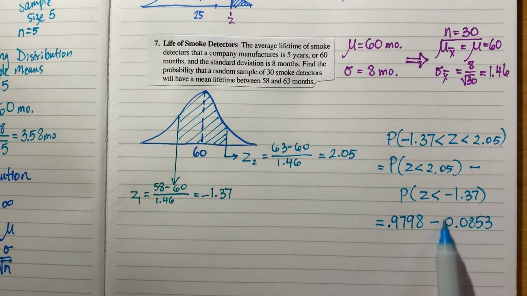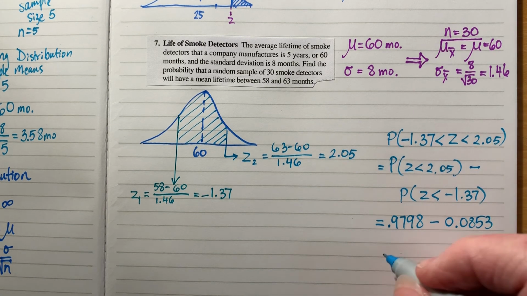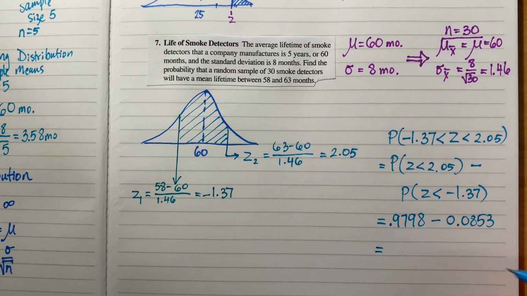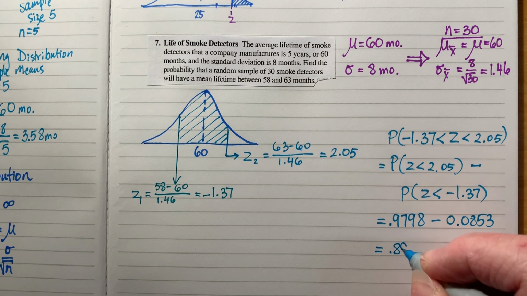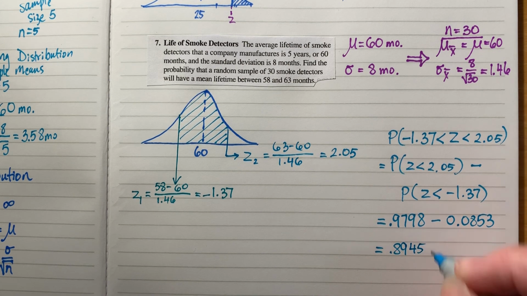Now, this is the area that I don't need. This is why I'm subtracting it. Subtract those two, and you're going to end up with 0.8945, or roughly 90% chance that our smoke detectors are going to have a lifetime, if we took 30 of them, between 58 and 63 months. All right? Questions, let me know.